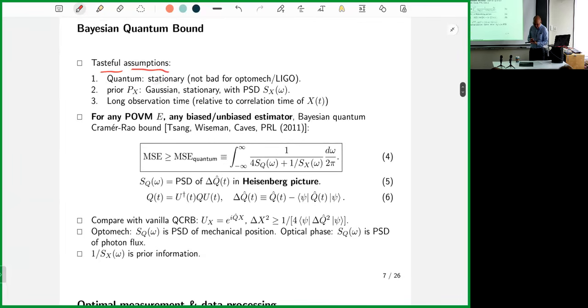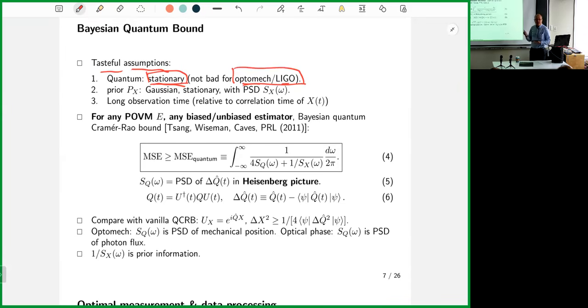So we assume that basically the quantum system has stationary statistics so that we can describe everything using power spectral densities. That's not too bad if you're looking at optomechanics and LIGO. If you go to any talk by optomechanics people or LIGO people, they like to talk about power spectral densities, right? So that's okay. We can make that assumption. They do the same thing in their system, so we can do that.